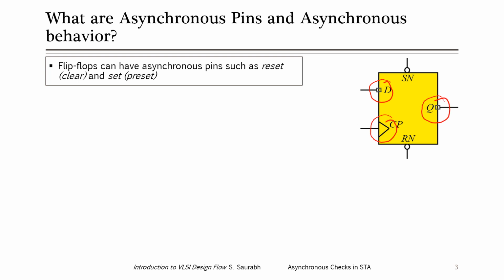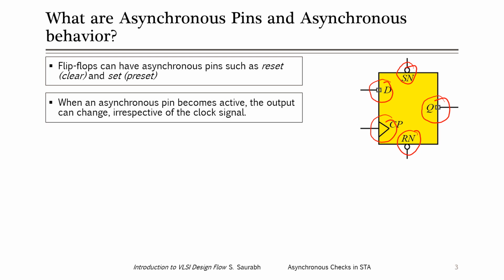In addition to these pins, the flip-flop can have an asynchronous reset pin or an asynchronous set pin, also known as preset pin, and the reset pin is also known as clear pin. Now these pins are asynchronous. What does that mean? It means that when an asynchronous pin becomes active, the output can change irrespective of the clock signal. So let's take this RN pin.